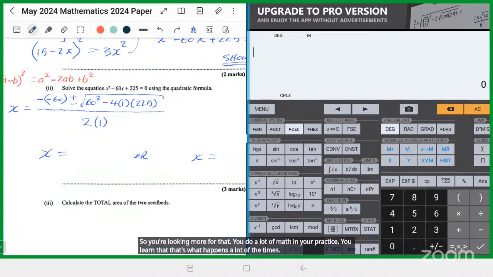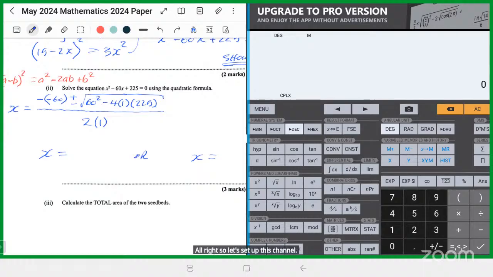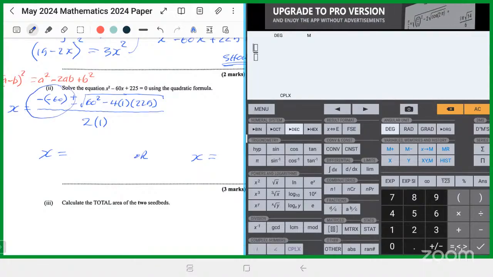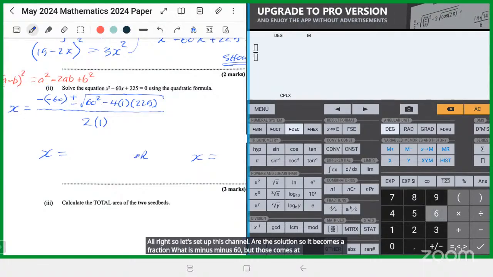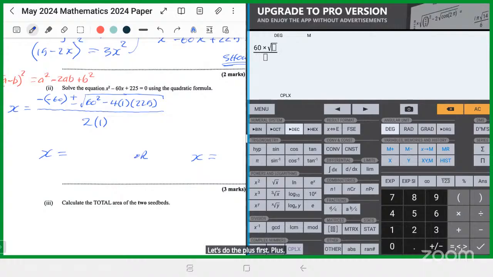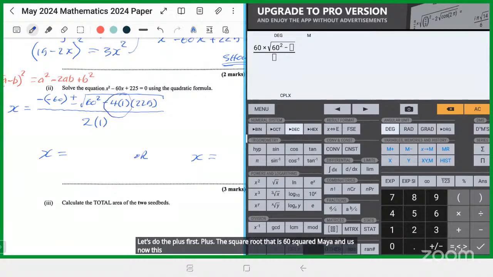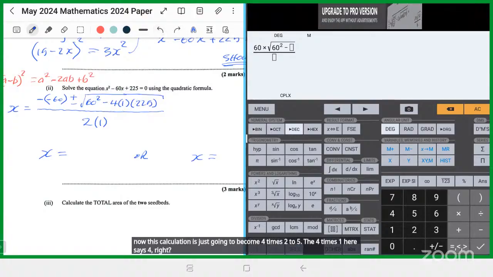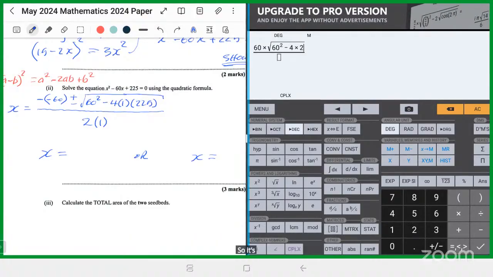All right, so let's set up this solution. It becomes a fraction. Now this minus 60 just becomes a 60, right? Let's do the plus first. Plus the square root of 60 squared minus 4 times 225, because the 4 times 1 here is 4.